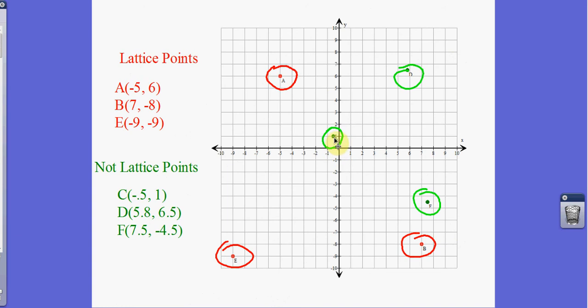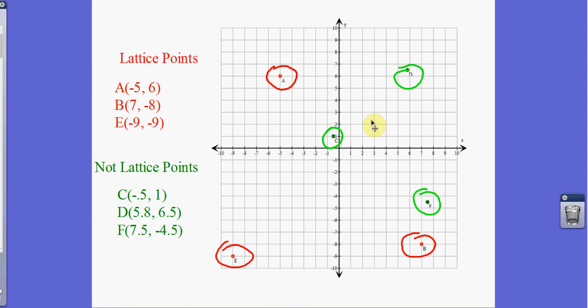And you see, I don't end up in the corner of a box. I might end up right on a grid line, but it's not where the grid lines cross. Same thing with F. It's floating around right in the middle of one of these squares. Same thing with D. It's floating around off to the side in this box.